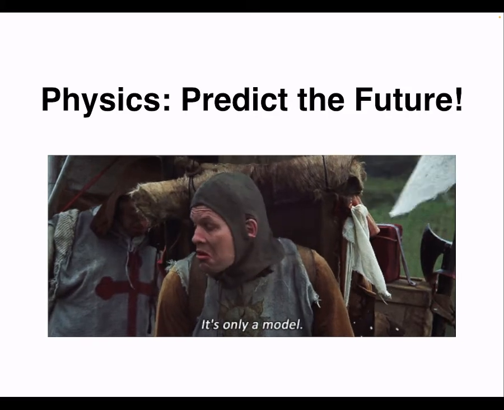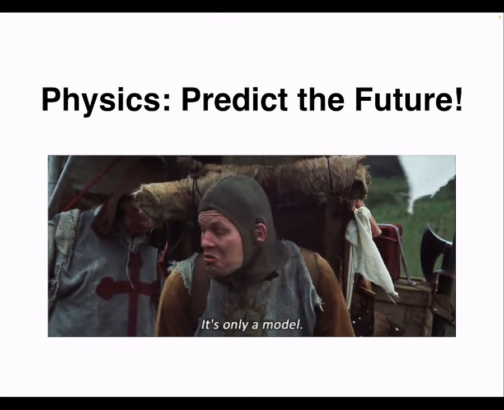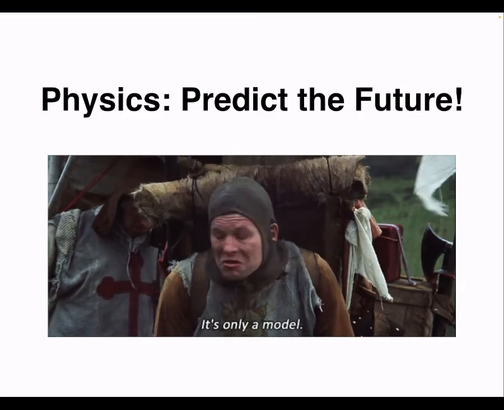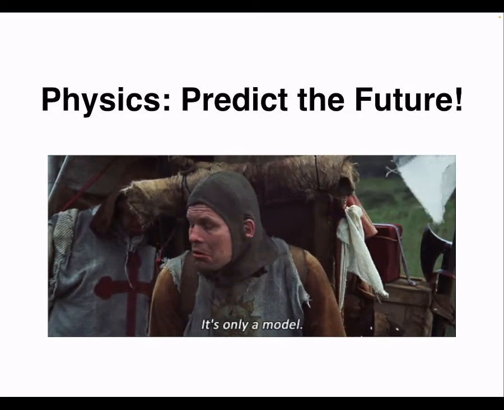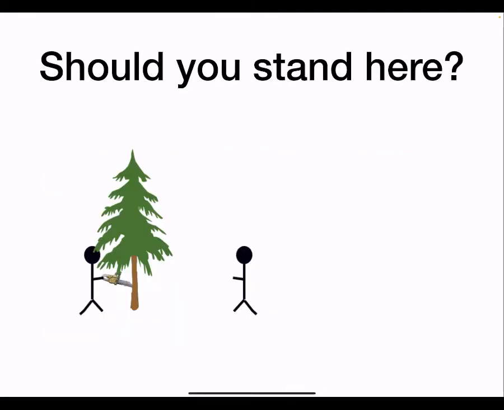So a model is basically a virtual representation of a real thing, and you have all these little toy moving parts that you can use in order to predict something that would happen in the real world. So here's a simple model that we could use answering a pretty simple question. Should you stand here?